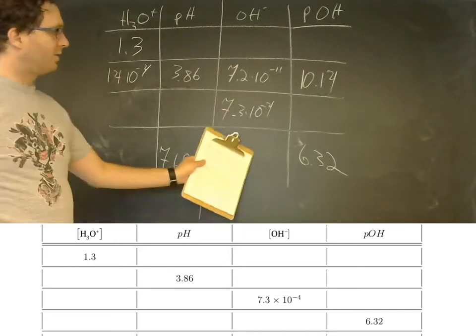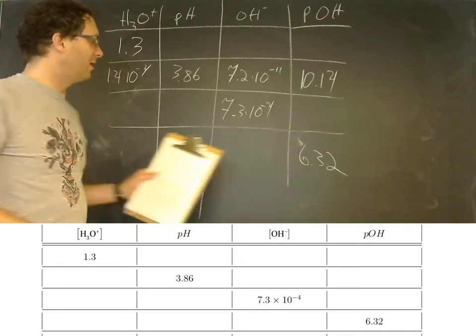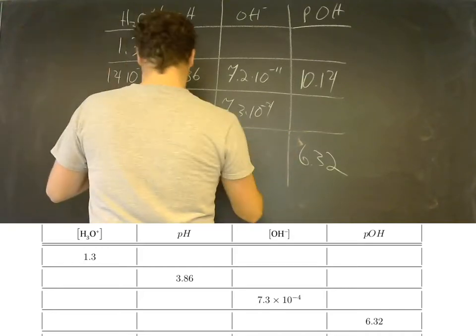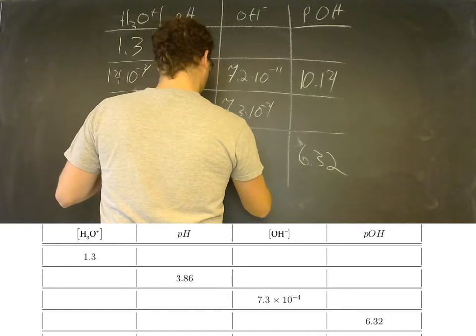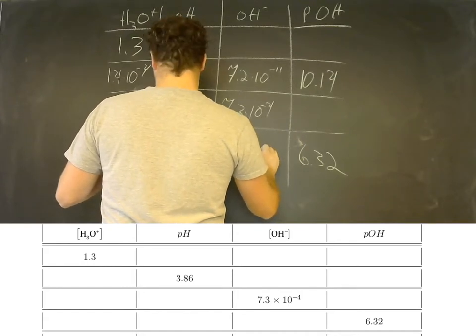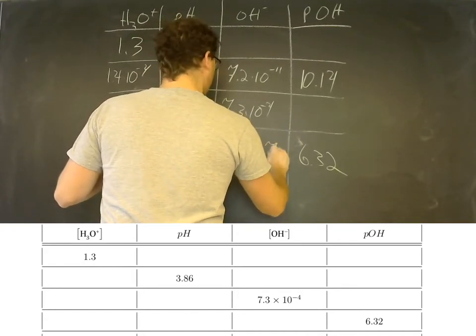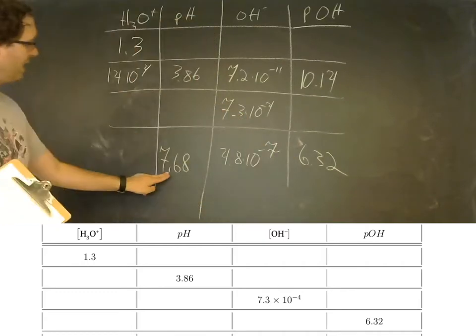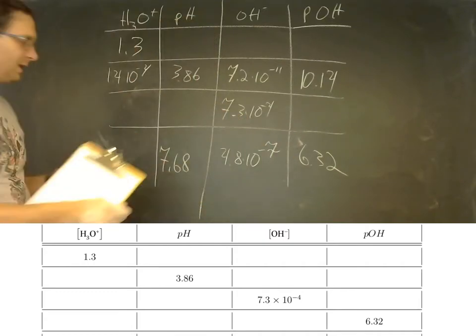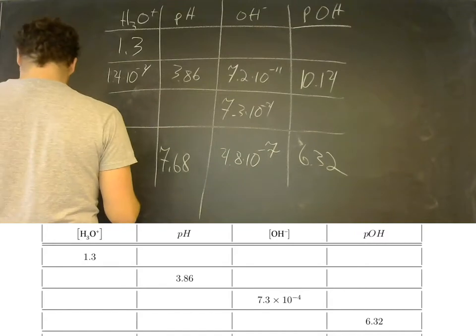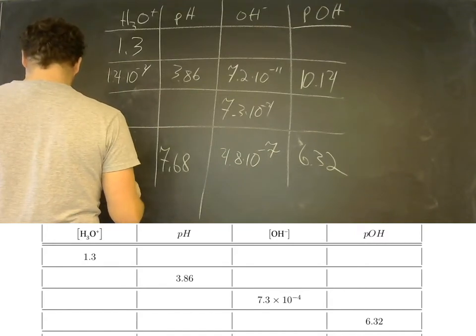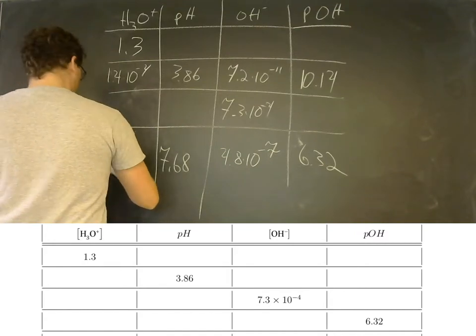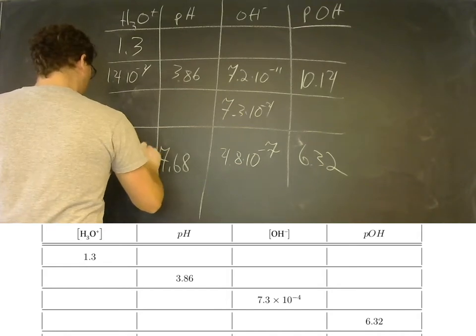And I'll do the same thing here. 10 to the negative pOH is going to give me 4.8 times 10 to the negative 7th, and 10 to the negative 7.68 is going to be 2.1 times 10 to the negative 8th.